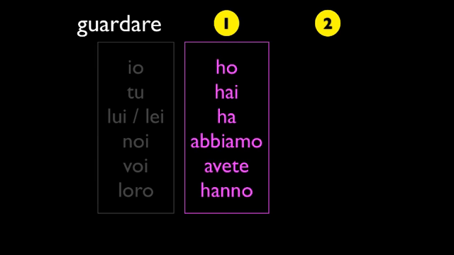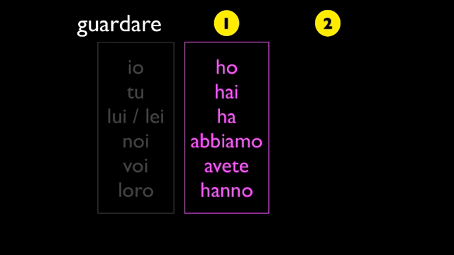Let's take a look here at an entire conjugation of the verb guardare. You need the helping verb avere: ho, hai, ha, abbiamo, avete, hanno. This video will assume that you've already been through the subject pronouns io, tu, lui, lei, noi, voi, and loro, what all those mean and how they match up with avere.